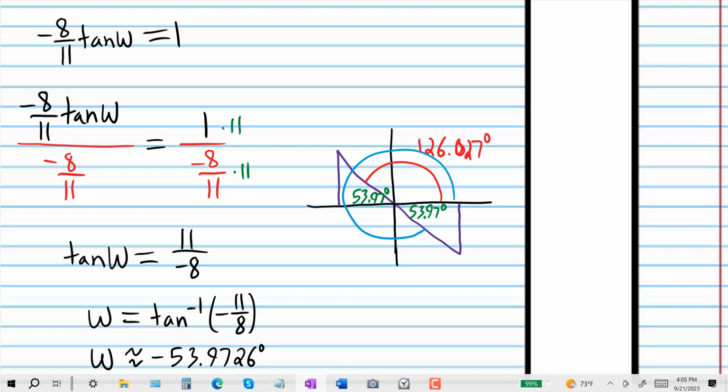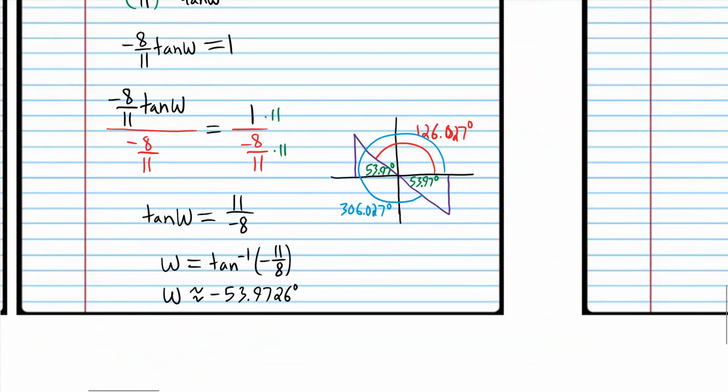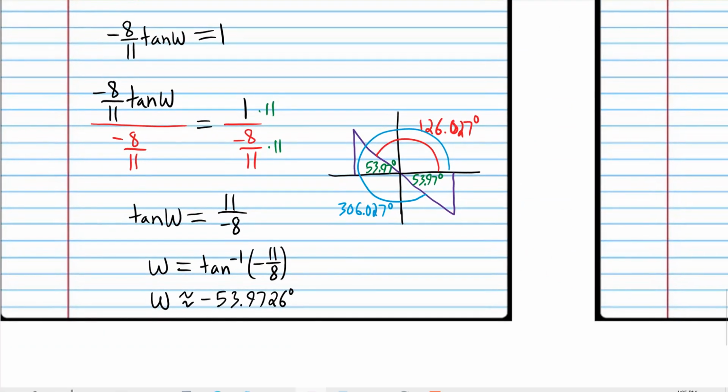So that blue angle is, let's calculate that, we get 306.027 degrees. So theta, or excuse me, omega is approximately equal to 126.027 degrees and 306.027 degrees, approximately.